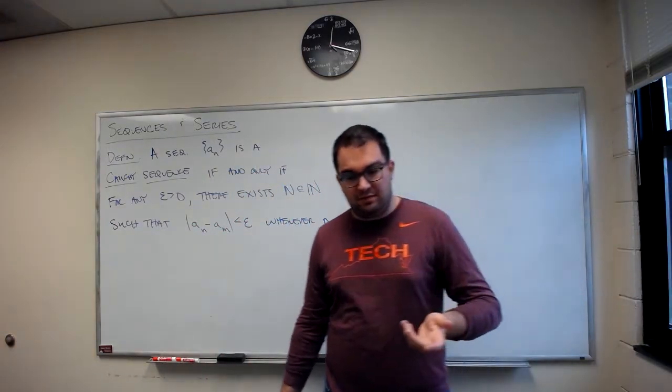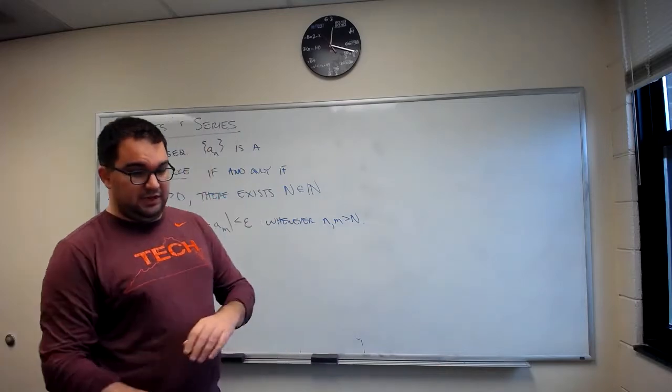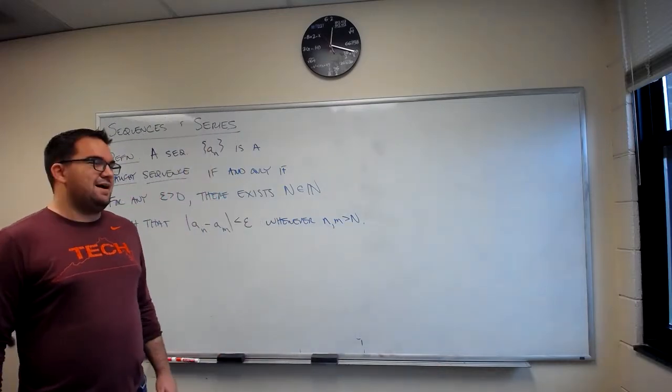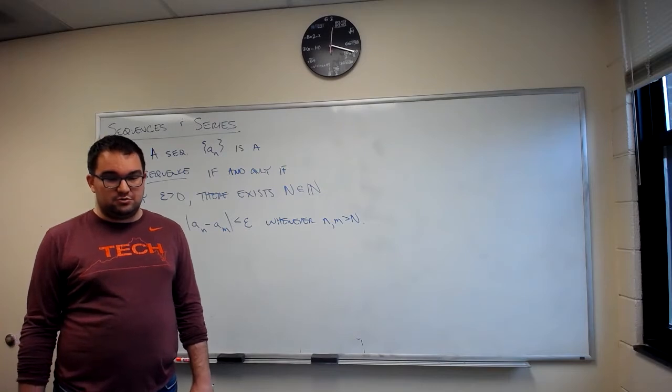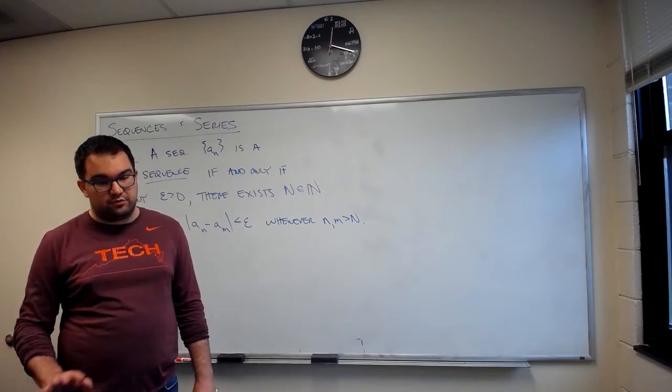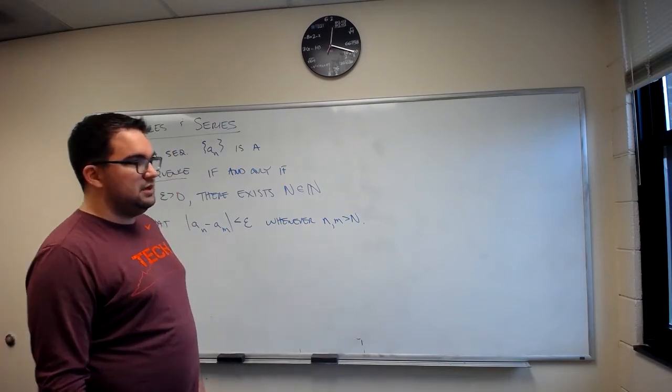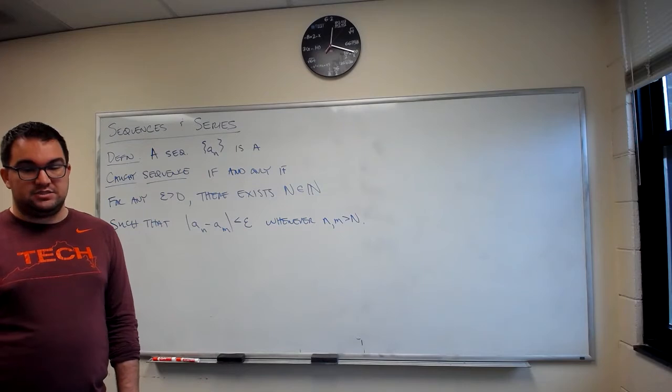Okay? You might think, very reasonably, that sounds like the same thing. And that's because the next result we're going to show is that a sequence of real numbers is convergent if and only if it's Cauchy.